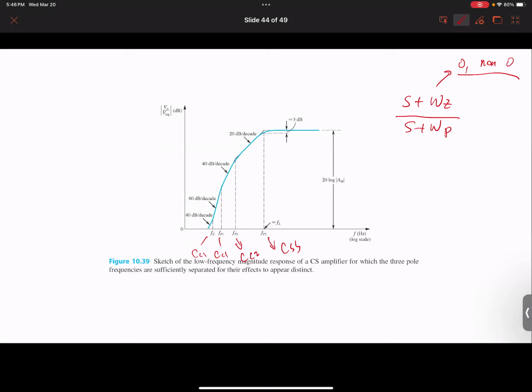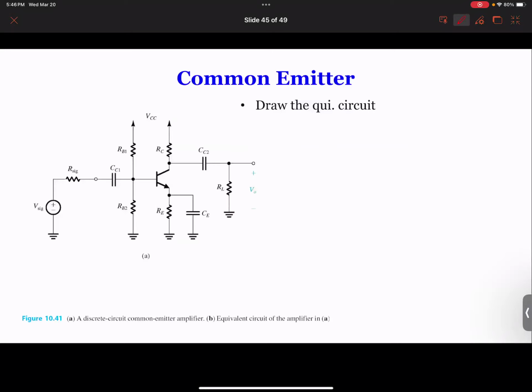That's for low frequency. But if we go back to common emitter, you see what happens? This is the same, this is the same, that is the same, this is the same for the common source. Everything's the same. And you might say, okay, what's the difference? Even the equivalent circuit is the same.